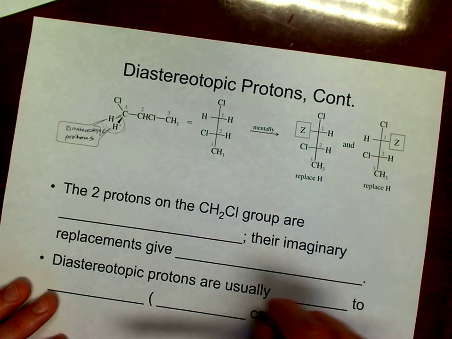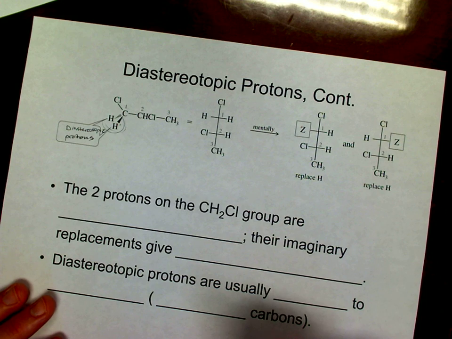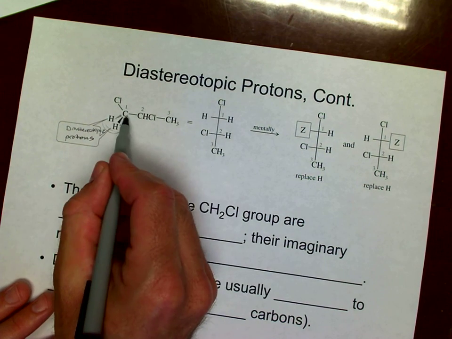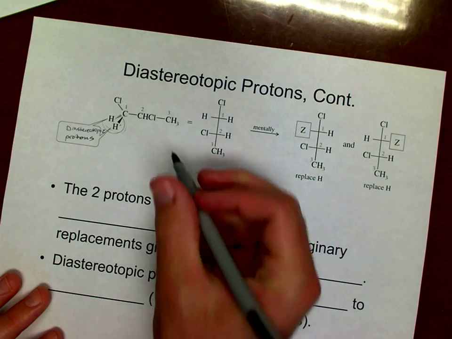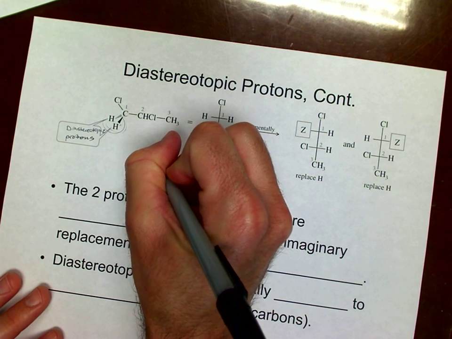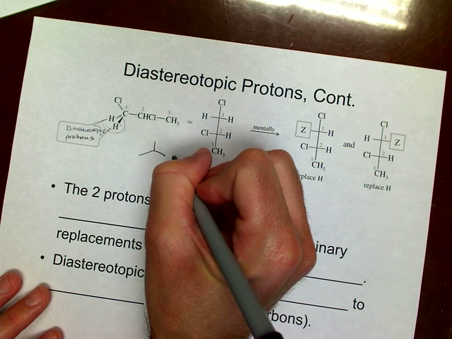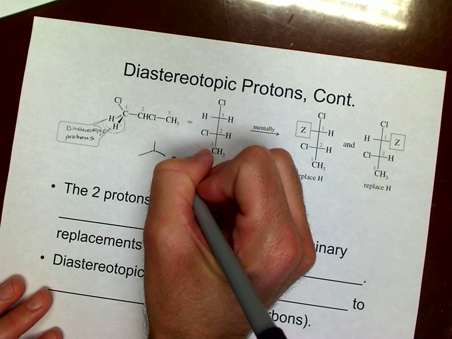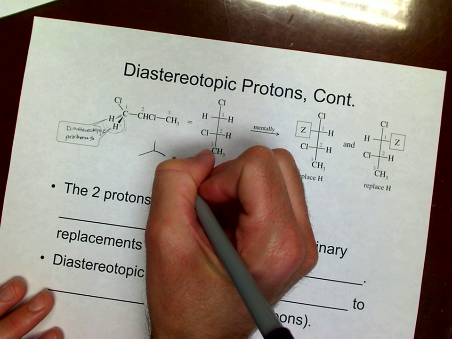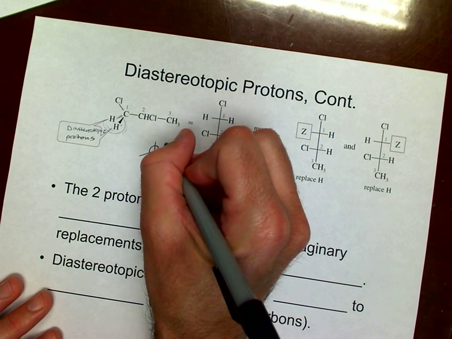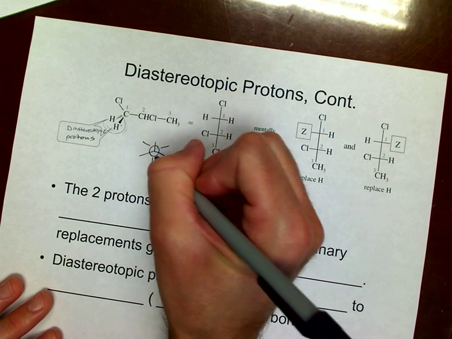What I'm going to do is take this molecule and draw the Newman projection of it looking down the C1, C2 axis. The front, if you will, is going to be this carbon here, and the back is going to be this carbon here.